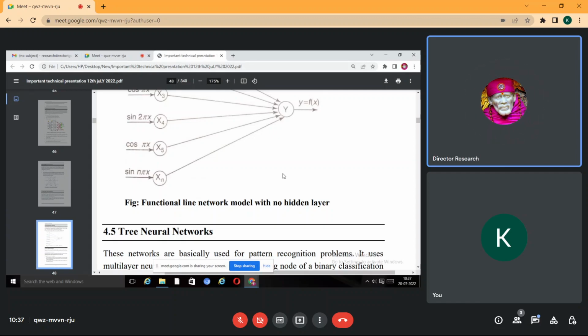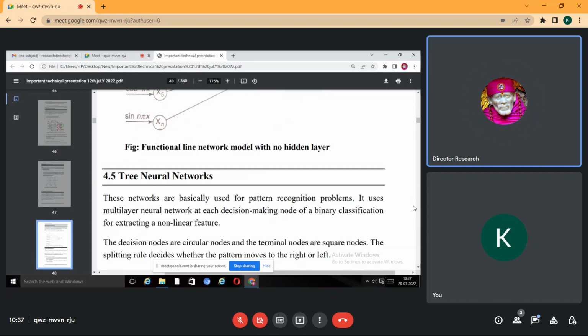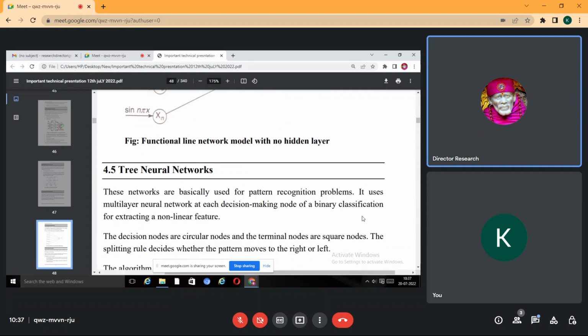Tree neural networks. These networks are basically used for pattern recognition problems. It uses a multi-layer neural network at each decision-making node of a binary classification tree for extracting a non-linear feature.